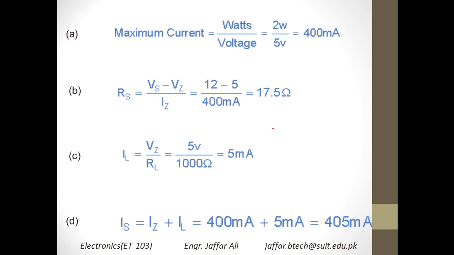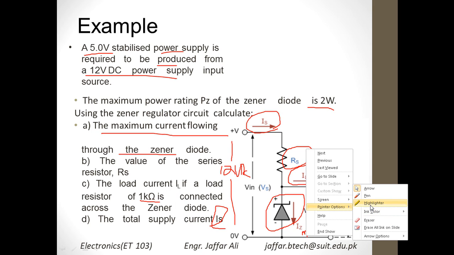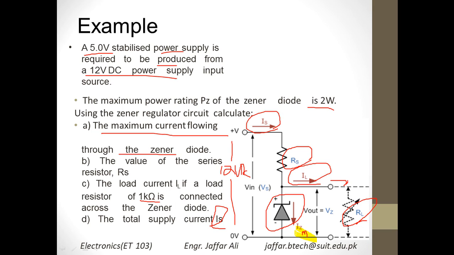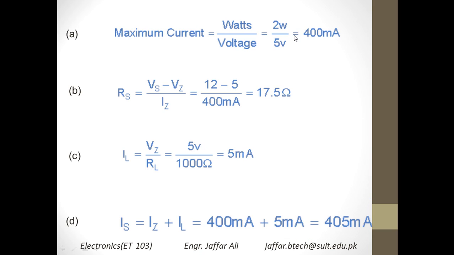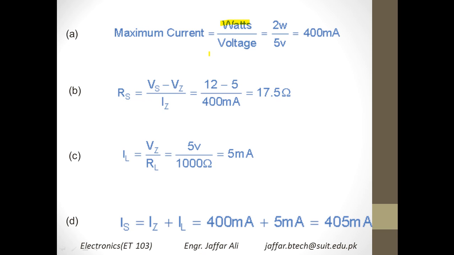So starting from the maximum current, what is the maximum current that is taken for the Zener? We know that current is nothing but watts divided by voltage. We know the formula of power P, that is in watt, is equal to voltage into current.